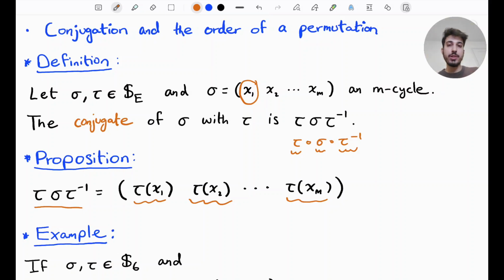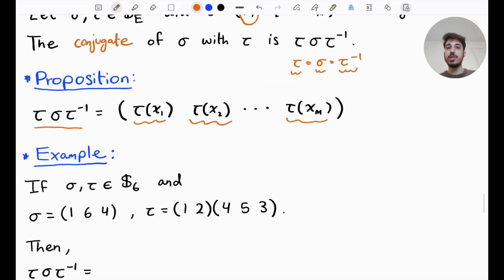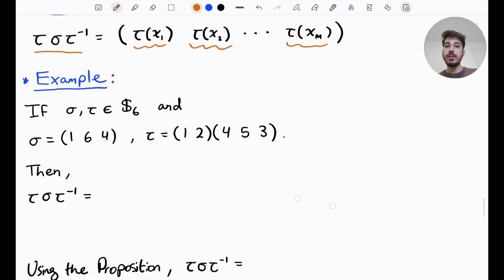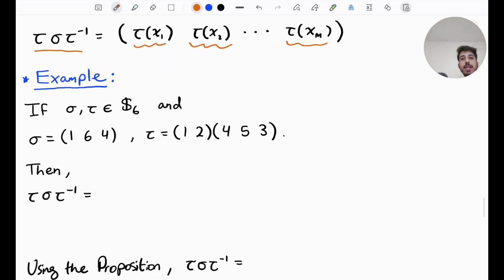The proof of this proposition will also be in a later video that I'll be posting very soon on the series. But for now, let us see an example where this proposition can come in handy. If sigma and tau are permutations in S6, so we have 6 elements, and sigma is 164, and tau is 12453, then we will calculate sigma tau sigma inverse in 2 ways.